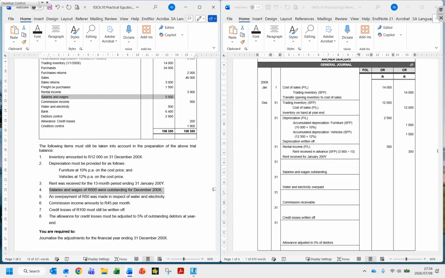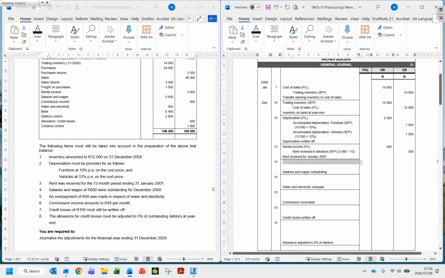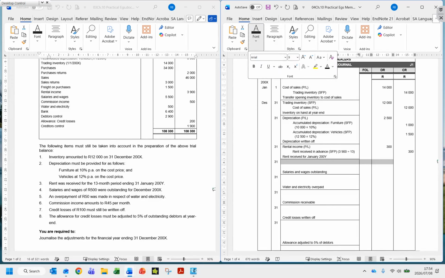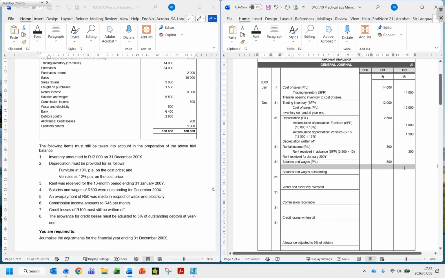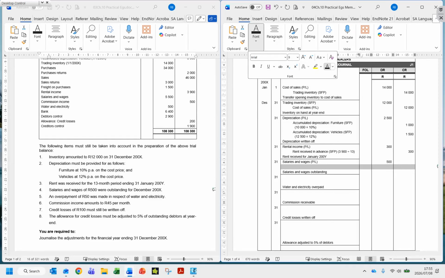So we need to add the 500 Rand to that 5,500 Rand. Now, how do you make a debit amount more? You debit that account. So we need to increase our expense, which comes in the statement of profit or loss. We need to increase our expense by debiting it with 500 Rand. And then we need to credit an account. And what is it about the salaries and wages? It is accrued. Accrued means it is still owing.